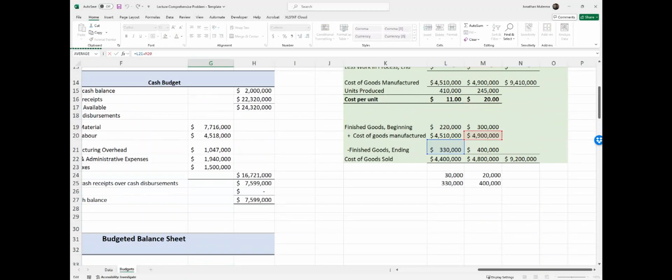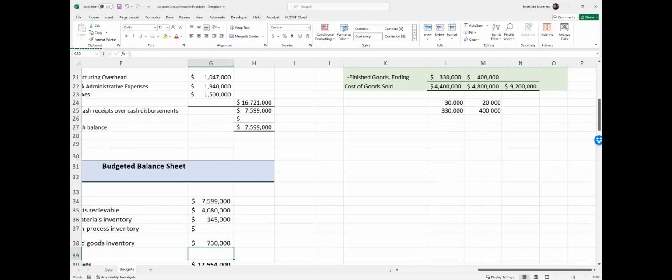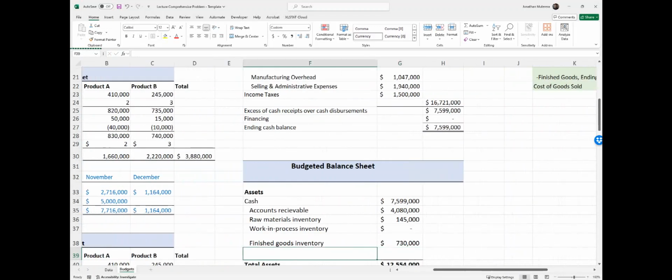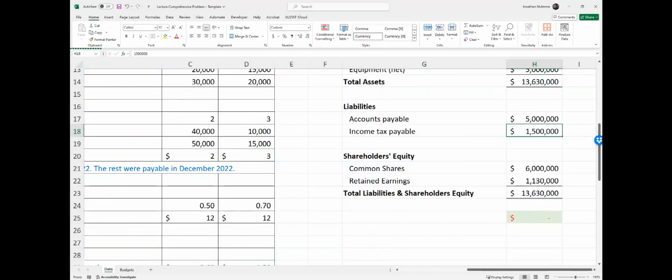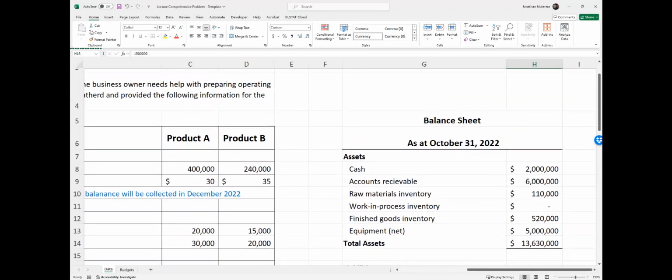This is not cooperating with me today. Okay, this and that. There we go. So 730 is the finished goods. And then we'll go to the balance sheet and see what else would be the same. So finished goods is updated.